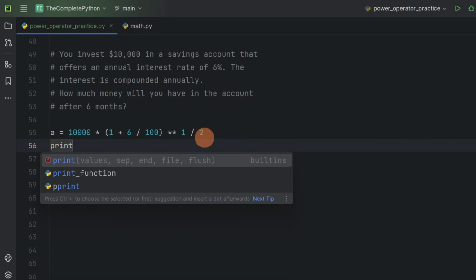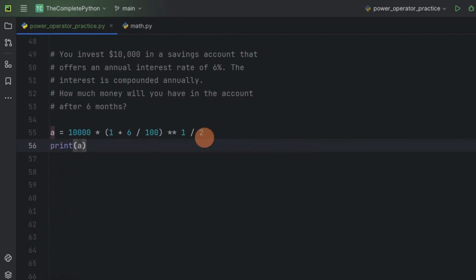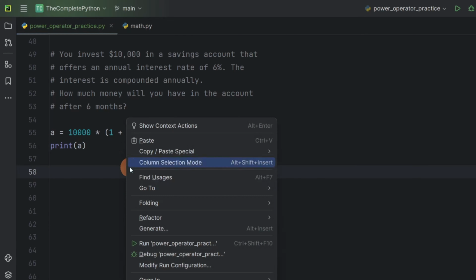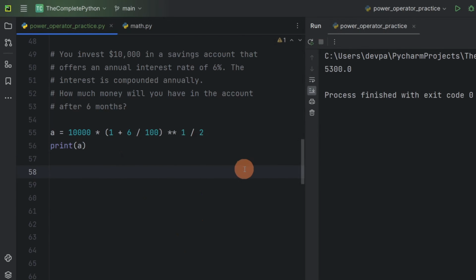Next, let me display the amount. Now let's run the program. It is displaying $5,300 and this is completely wrong because we have invested $10,000. Now it has to be greater than $10,000.